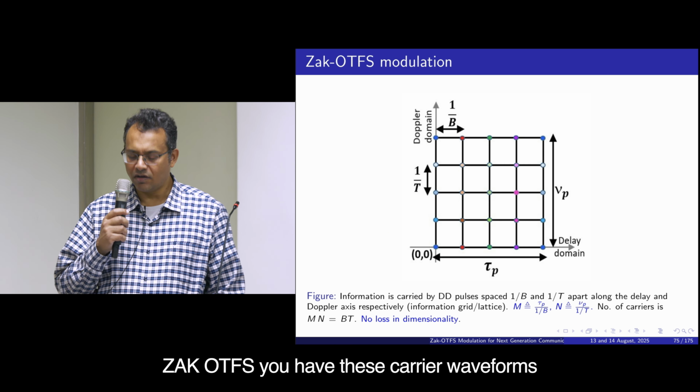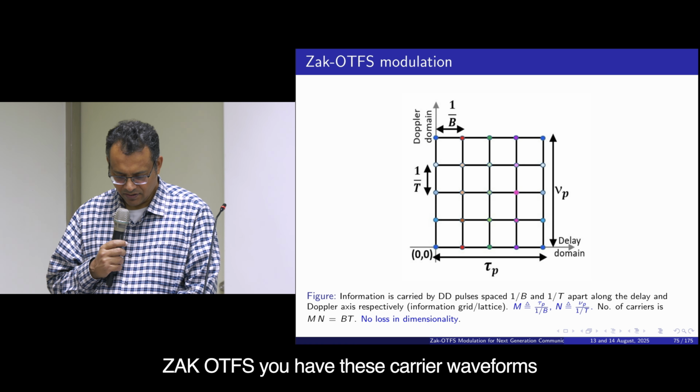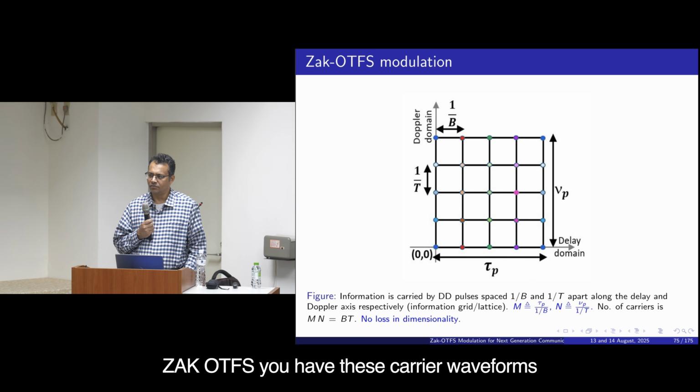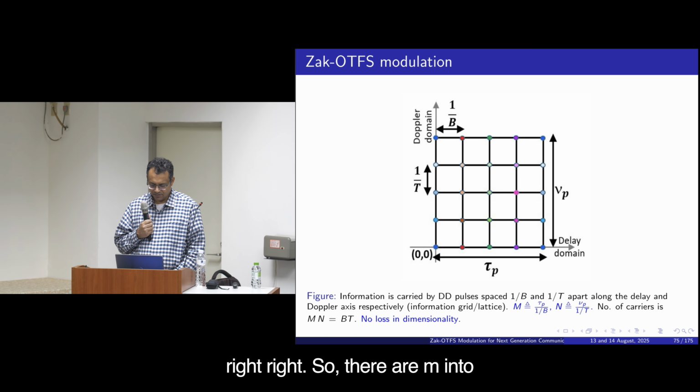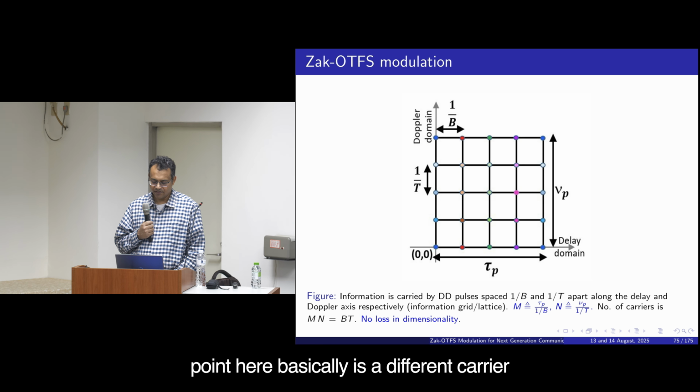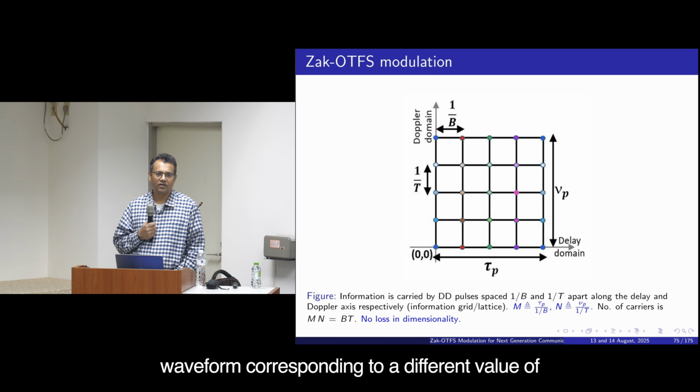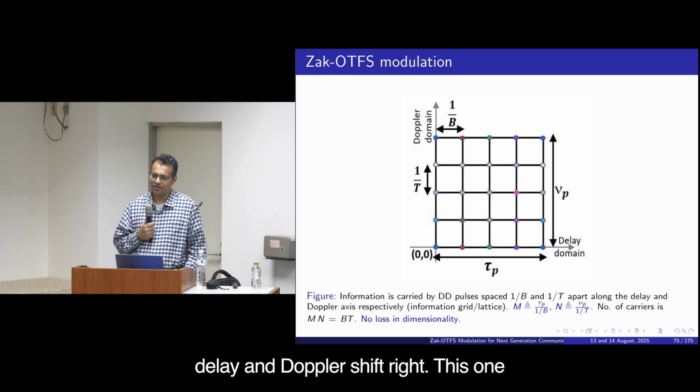So, in ZAC OTFS you have these carrier waveforms, right? So, there are M into N of them, right? I mean, each point here basically is a different carrier waveform corresponding to a different value of delay and Doppler shift, right?